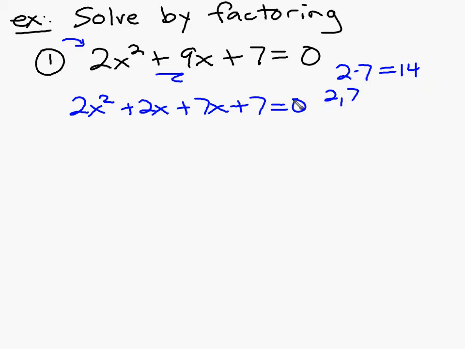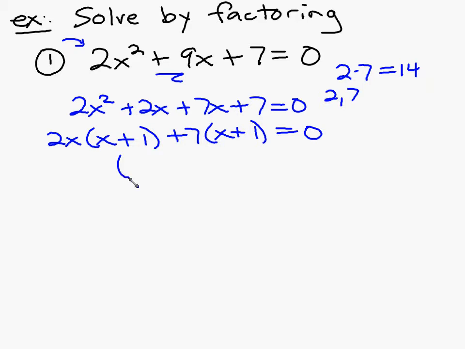And doing my factoring, I take out a 2x out of here, and I'm left with x plus 1. I take a 7 out of here, and I'm left with x plus 1. That equals 0. Remember, it starts as an equation, and we have to finish it as an equation. Let's make our steps be good here. So now I have 2x plus 7 times x plus 1 equals 0.